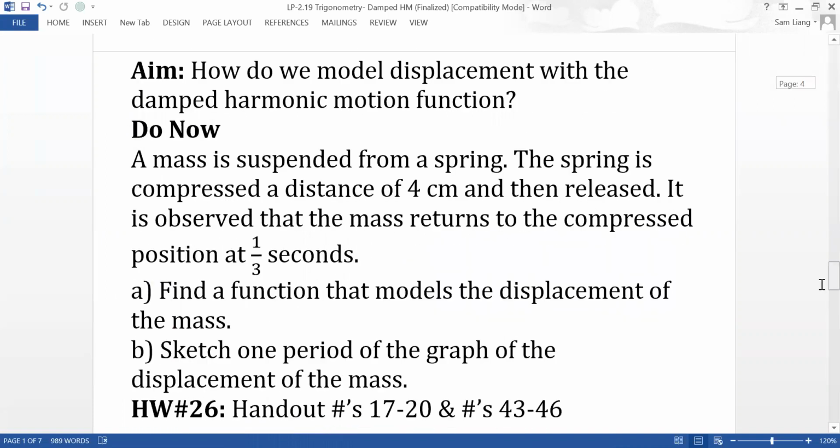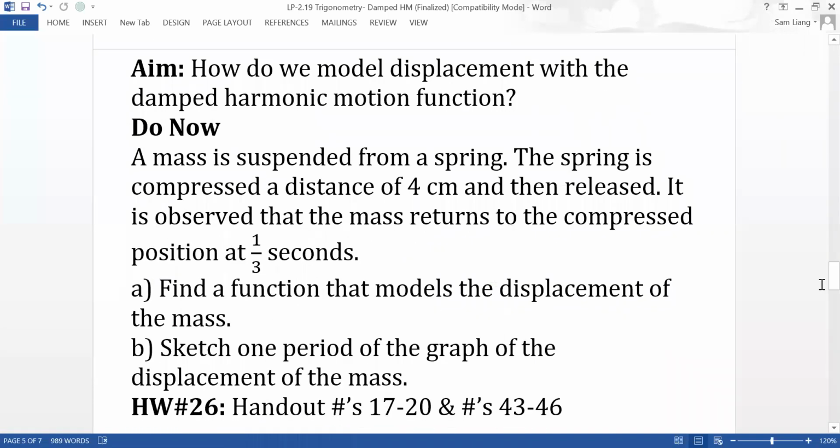As the aim says, today we're going to talk about damped harmonic motion. As I said before, damped harmonic motion is a more accurate model of what actually happens in reality. Simple harmonic motion, that model, cosine or sine, goes on forever. The amplitude stays at whatever the amplitude is. Let's say it was 4 cosine t.